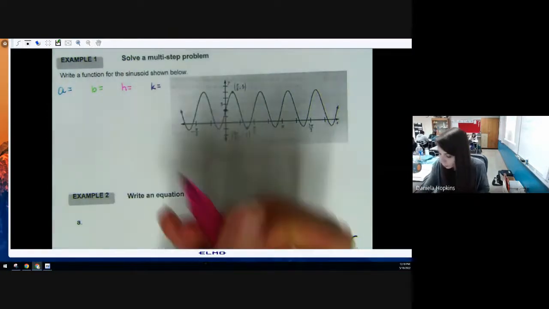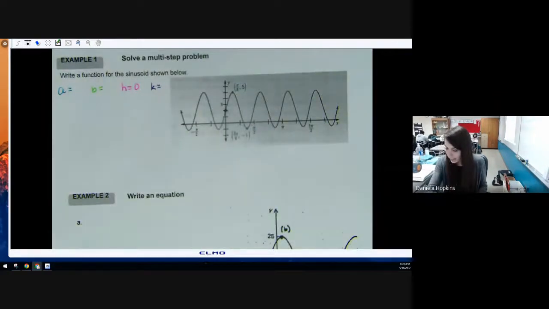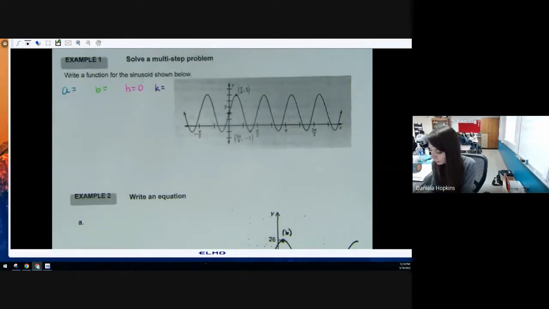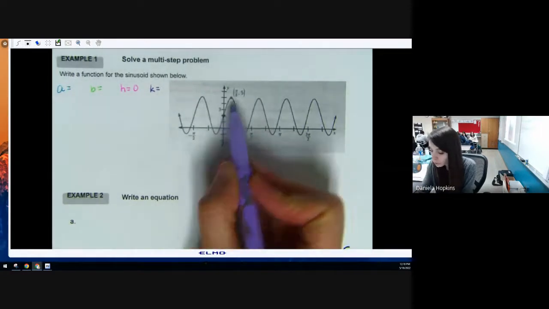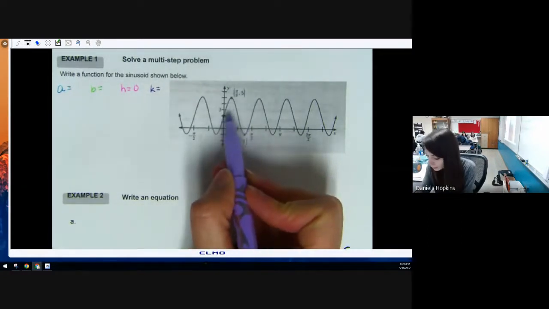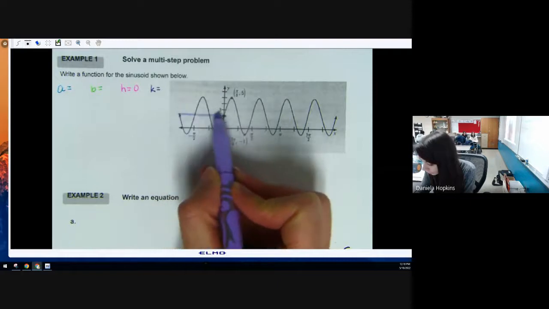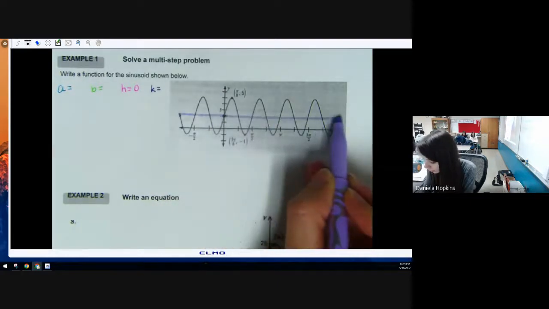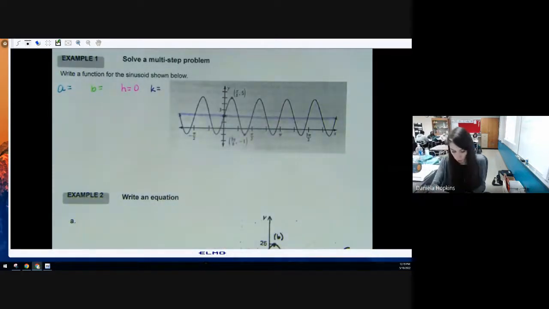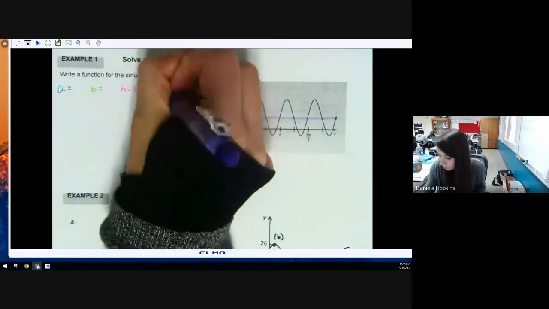We already said there's no horizontal shift, so my H would be 0 here. My K, how much was I shifted up or down? So think about your midline. It goes up to 5. Yeah, my midline's at 2. So you can draw this midline. That means I was shifted up 2, which would be just a positive 2.